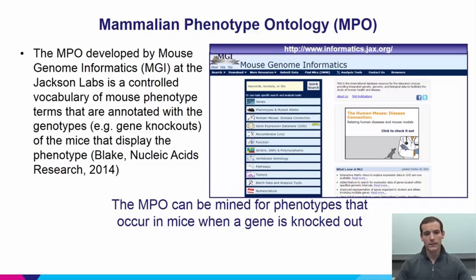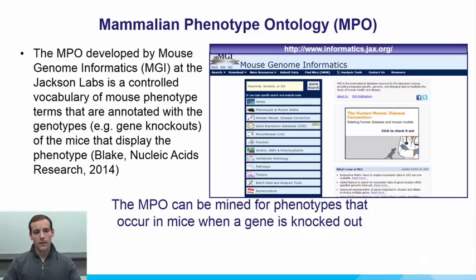In this case, the vocabulary is composed of mouse phenotype terms, which are broadly one of two things, either a morphological description or a physiological description. A morphological description, for example, a very general one might be abnormal heart development.